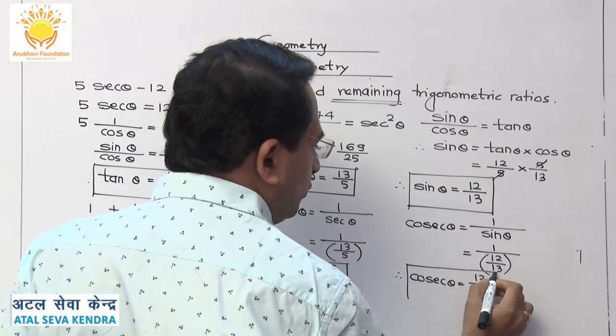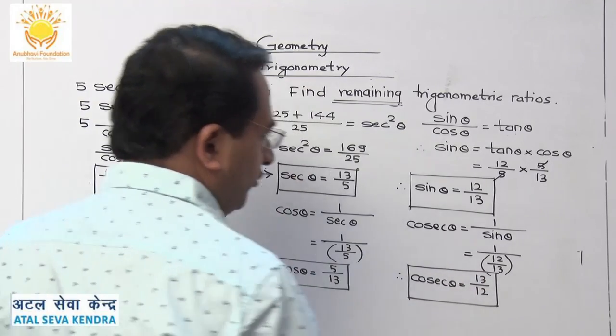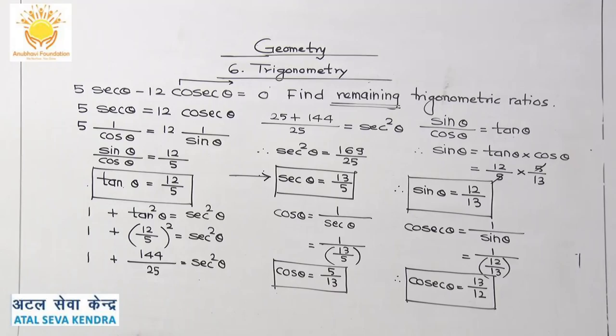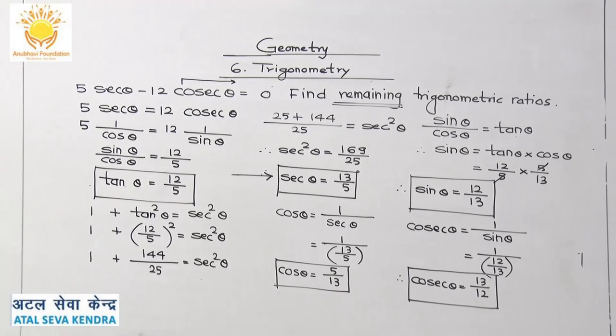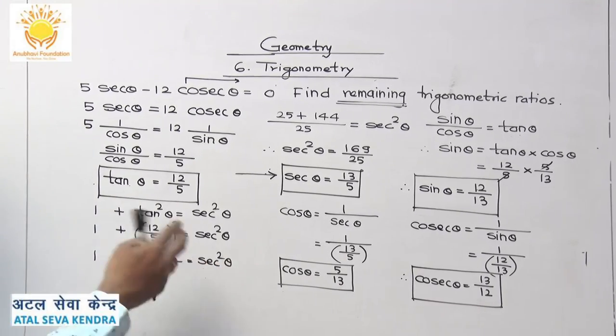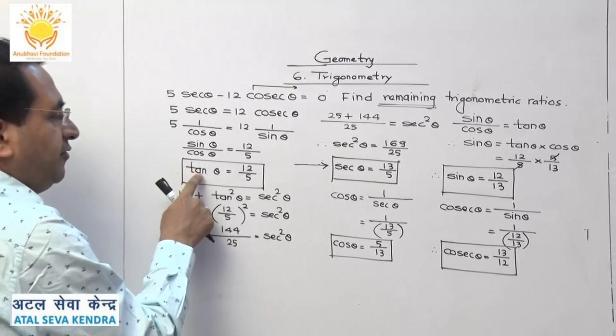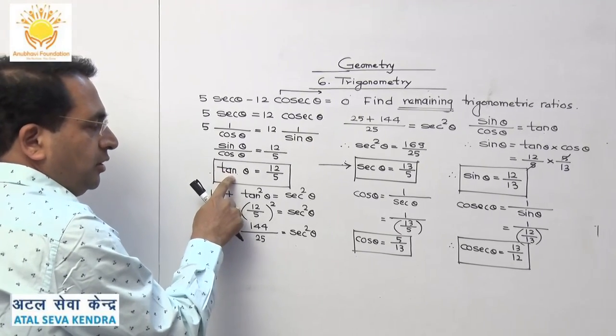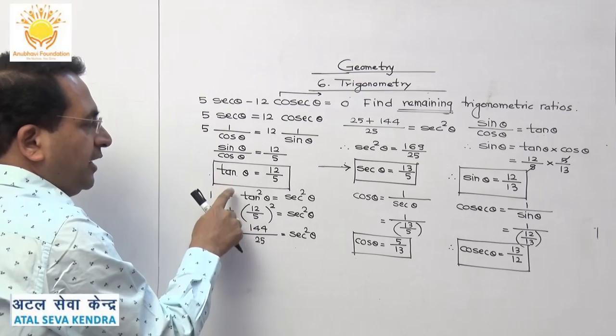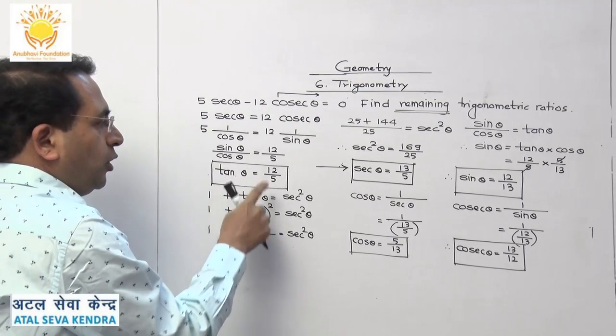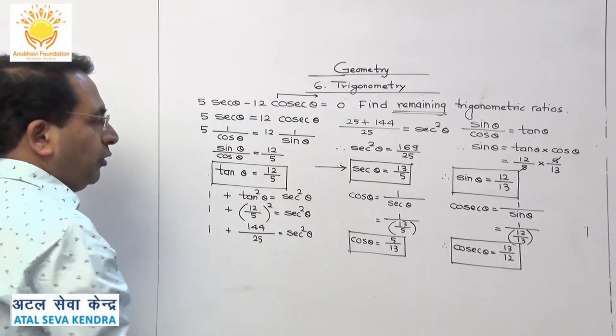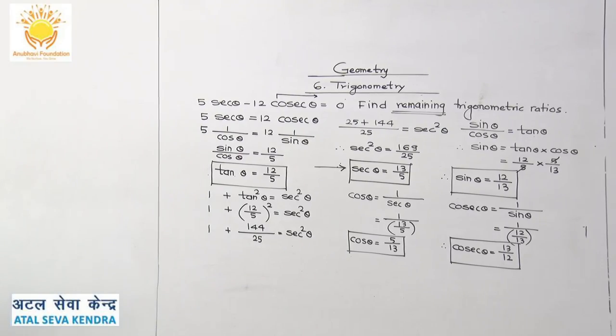This is the value that we are going to have for cosec. Cot value you can easily calculate now. I am not showing that. Cot theta is definitely the reciprocal of tan theta, that is 1 upon 12 by 5, which is 5 by 12.